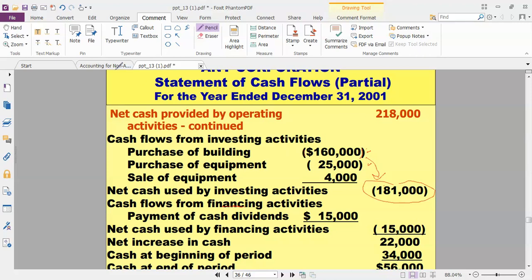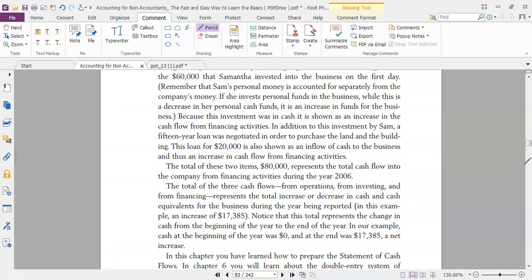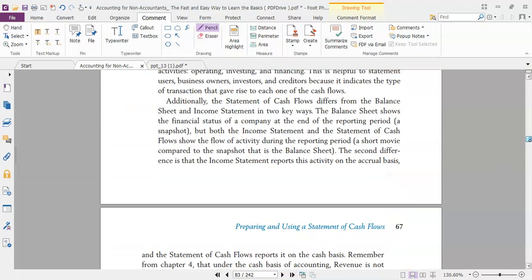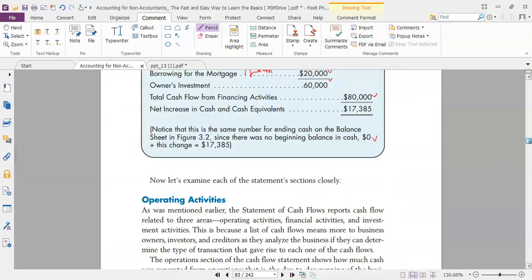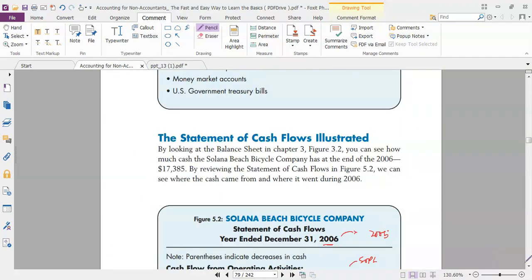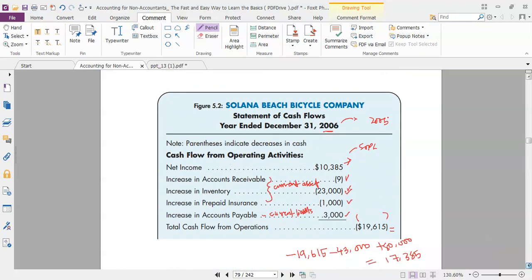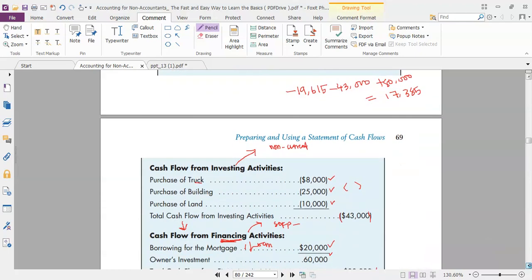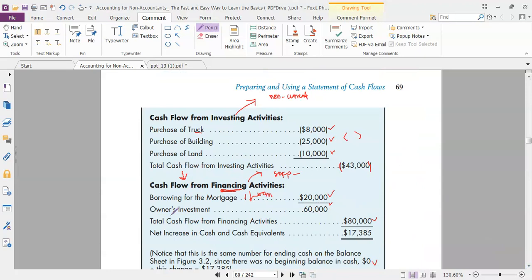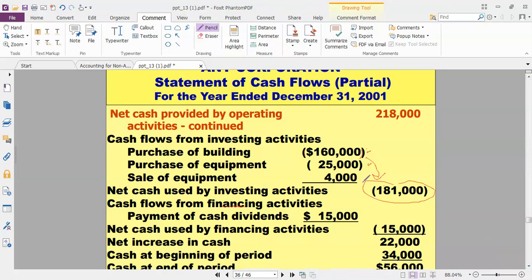But if you see another example here, it can be issuance of debt, going for the mortgage. It depends on the question or depends on the balance sheet of the question.